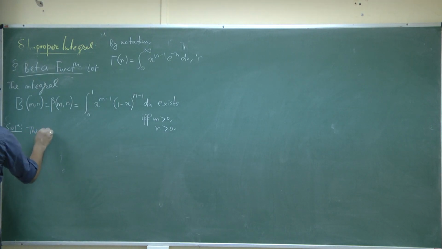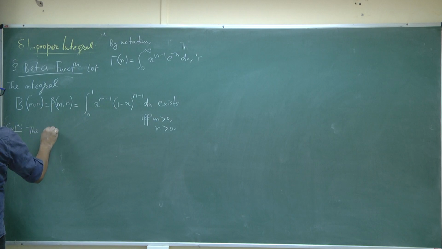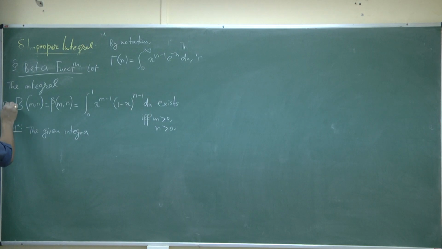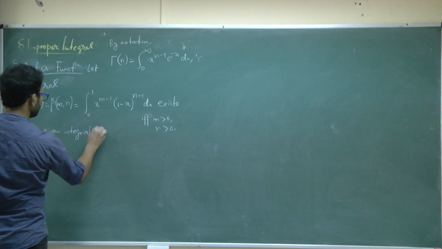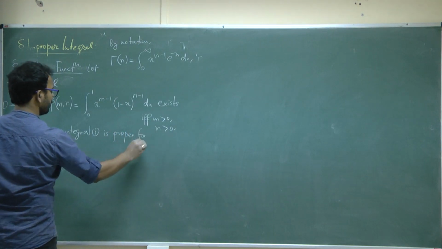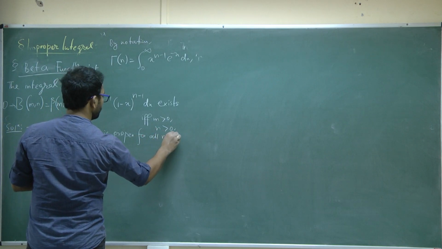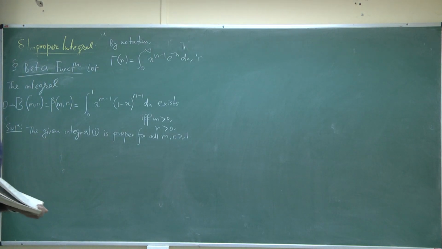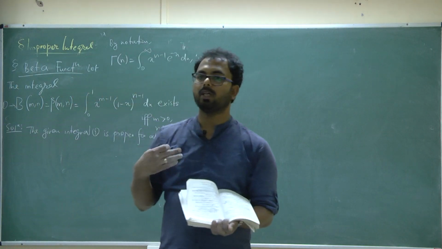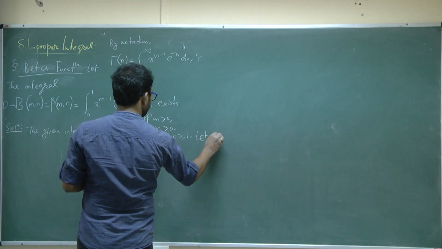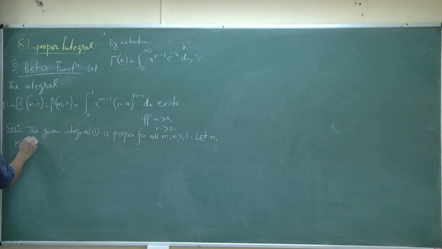The given integral, let us call it equation number 1, is proper for all m and n greater or equal to 1. If m and n are greater or equal to 1, then we have nowhere any point of discontinuity, and this is always proper. So for us the interesting case is when m and n both are less than 1. All right, so let m and n be less than 1.